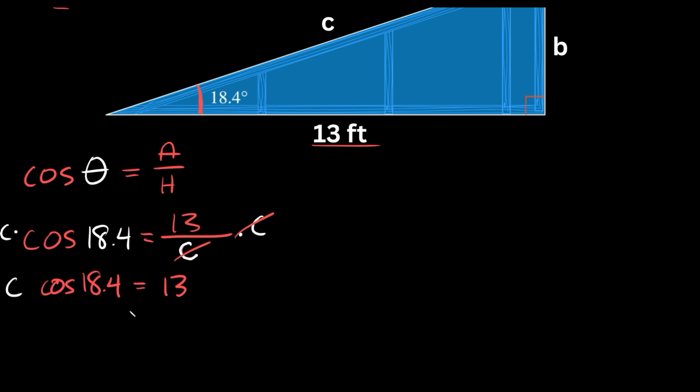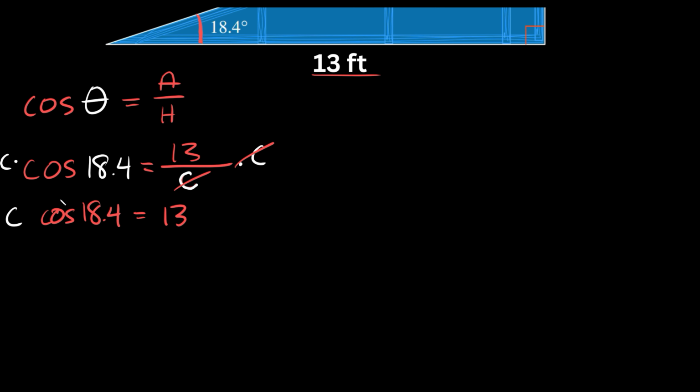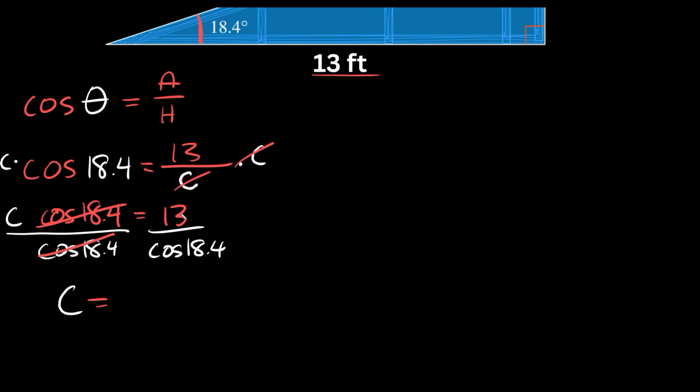So now let's scroll down a little bit. And to solve for C, we can get rid of this cosine of 18.4 by dividing both sides by the cosine of 18.4, like so. So then on this side, they cancel out, and we're simply left with C is equal to 13 divided by the cosine of 18.4.